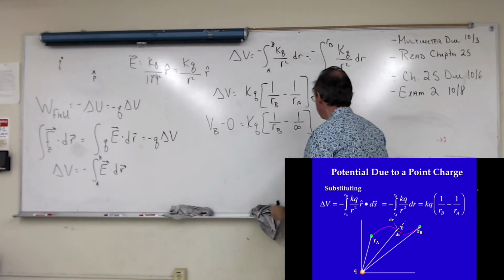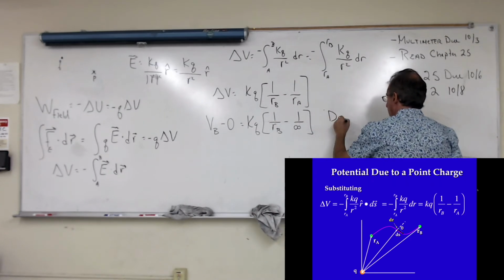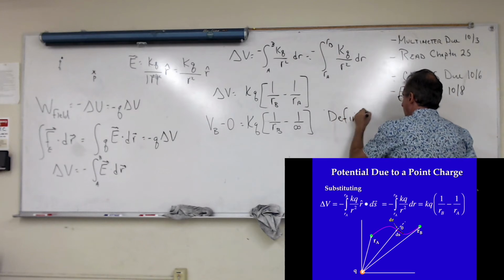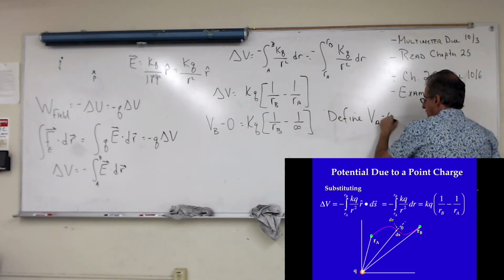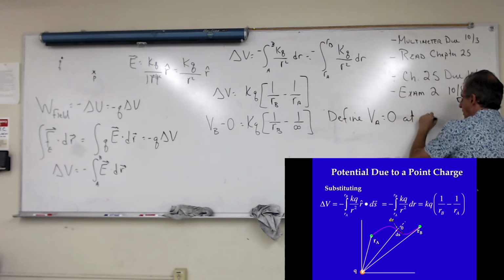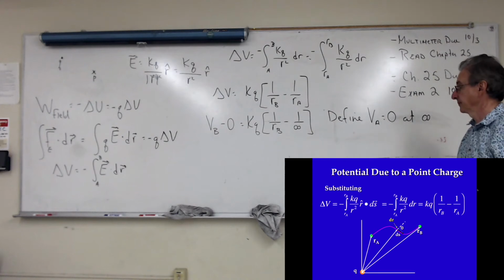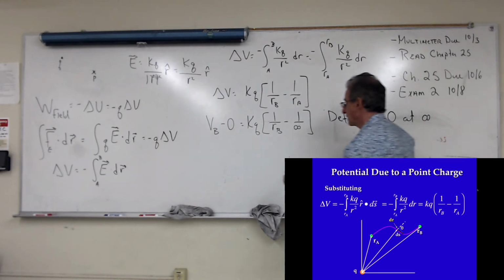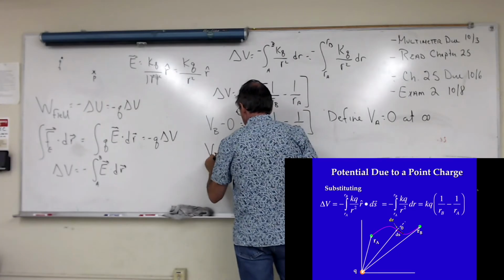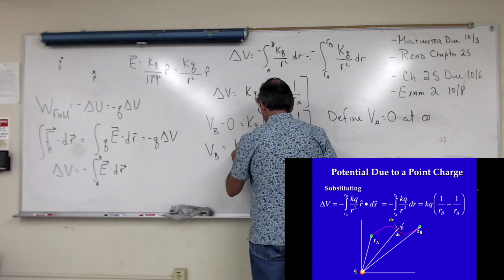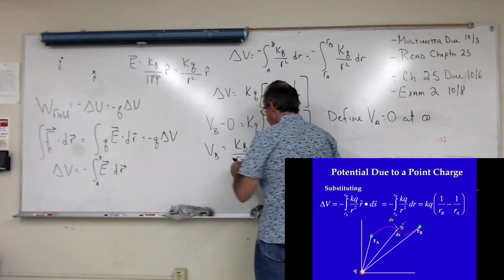In other words, define V sub a equals 0. And so that makes V sub b KQ over R sub b.